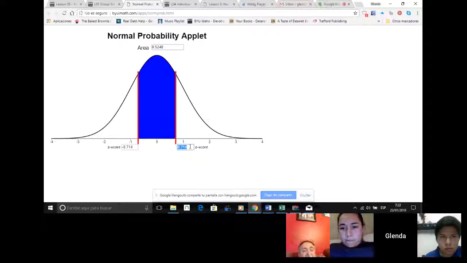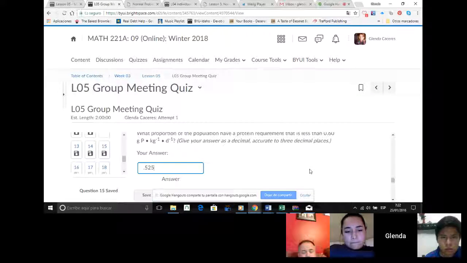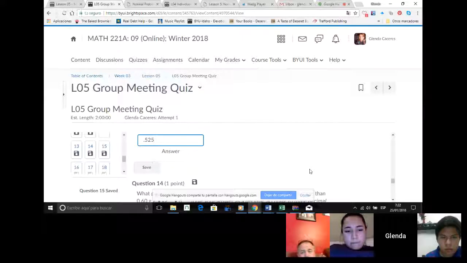Yeah, that's exactly it, because you and Abraham figured out the z-score, so it would be the 0.525. That's going to be the area. It says here, what proportion of the population has a primary requirement that is less than 0.60? That's going to be 0.525.